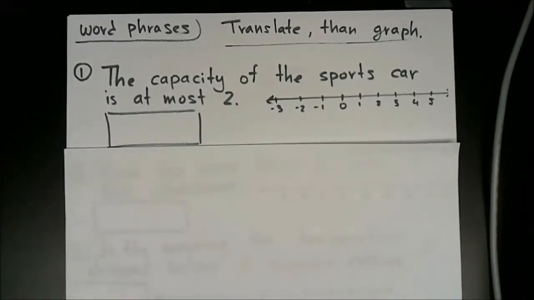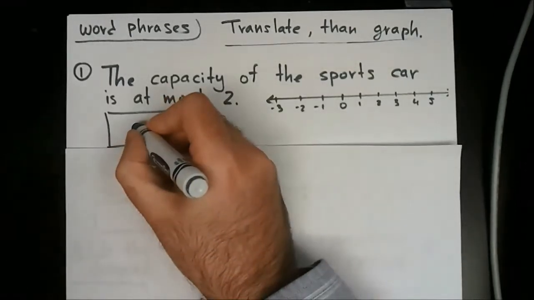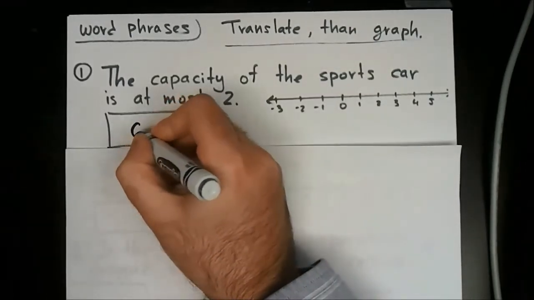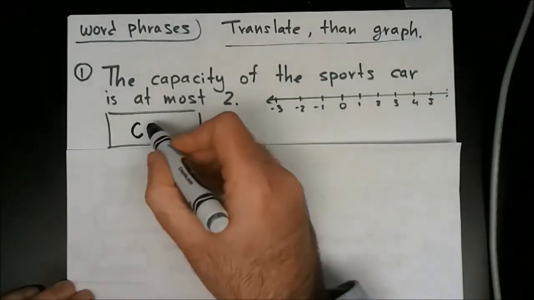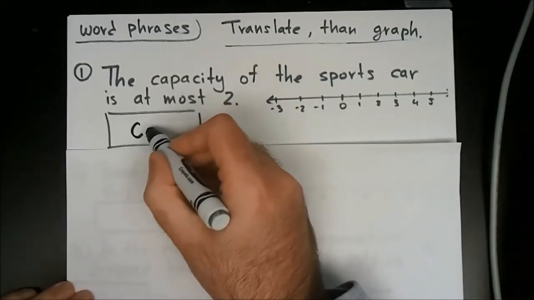So in this case, they didn't give us a variable. You get to choose a variable. Yay. I'm going to choose C because capacity starts with C. You could have chosen anything else. Could have chosen X. I'm going to choose C. And I know I'm going to use the combo alligator symbol, but do I make it point like this or like that?